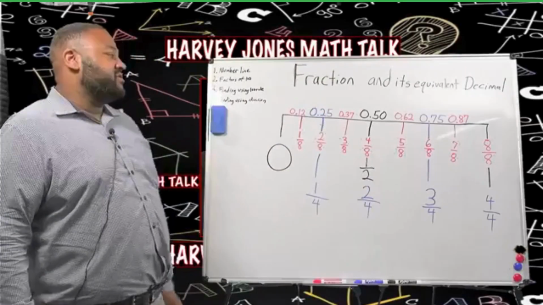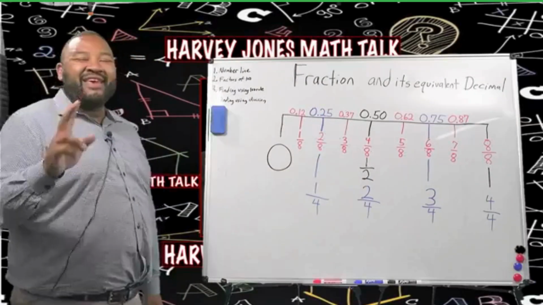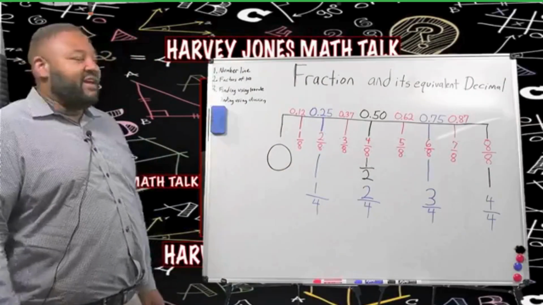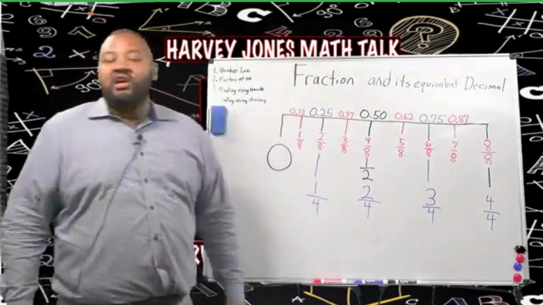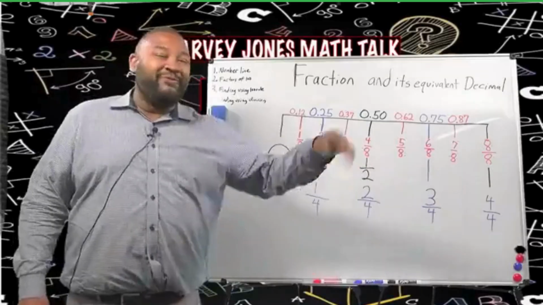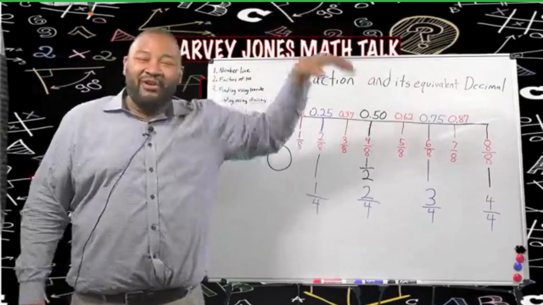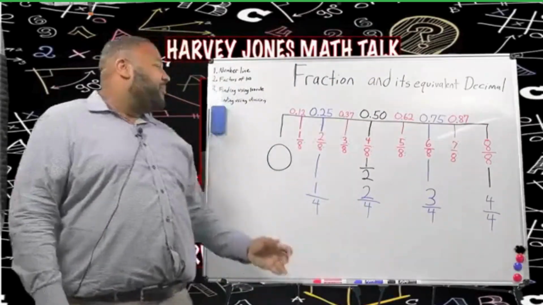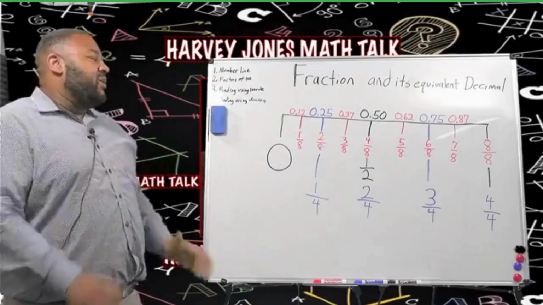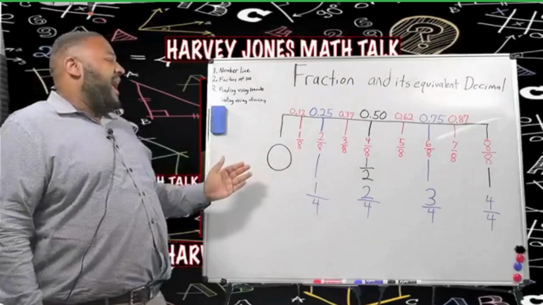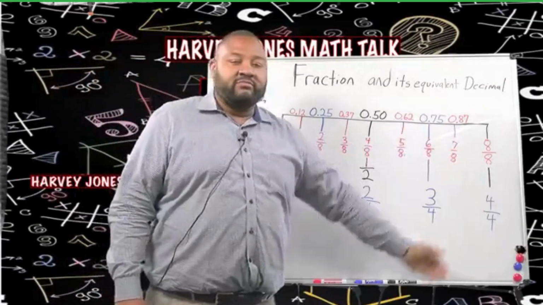Hey, Mr. One. Those are the key things we're looking at: 0 and 1. We're not looking at 2, 3, 4. That's down the number line. What I'm looking at right now is what's in between 0 and 1.